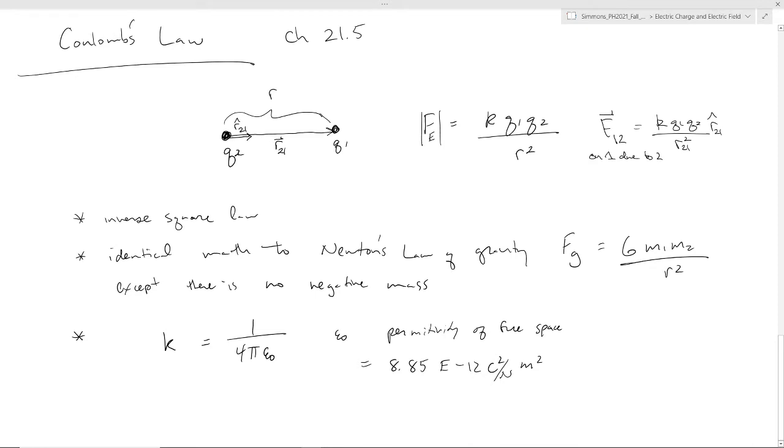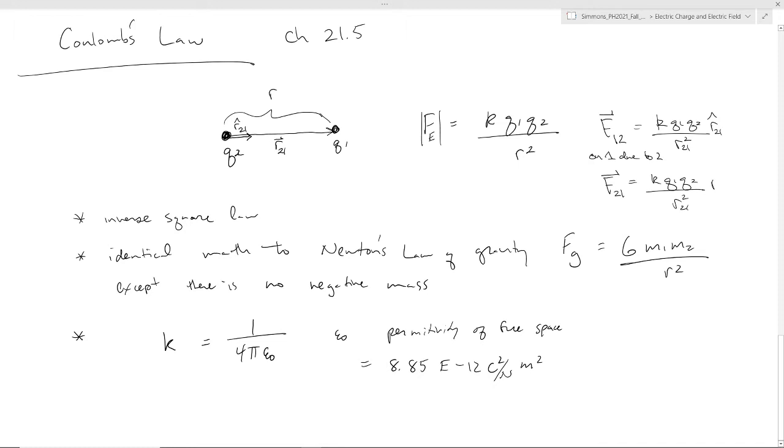Okay, and then we could talk equivalently about the force on 2 due to 1. Notice all the quantities, the charges are the same, the distance is the same.